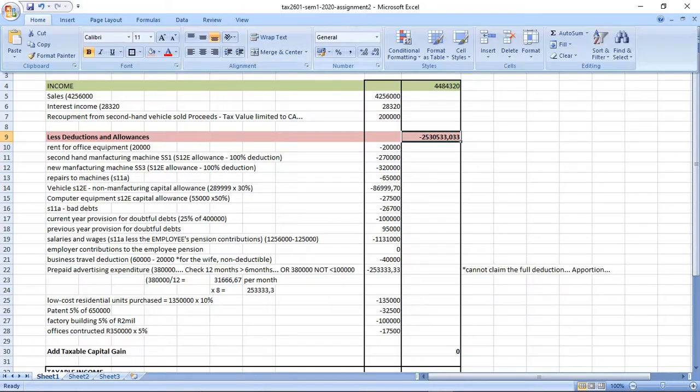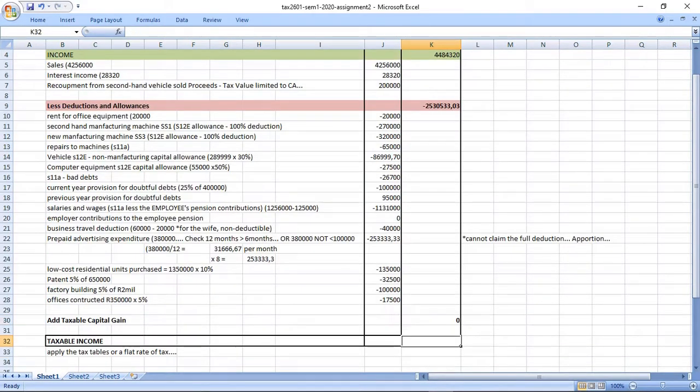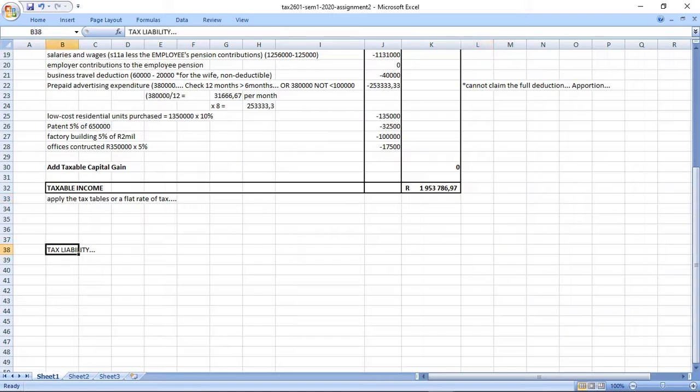Right, I'm going to round it off to the nearest cent. And then I'm going to take the total income, less the deductions and allowances, add no taxable capital gain, and that gives you taxable income of, let's make that a rand figure, 1.953 million, 786,097 cents. Now you're going to apply the tax tables.